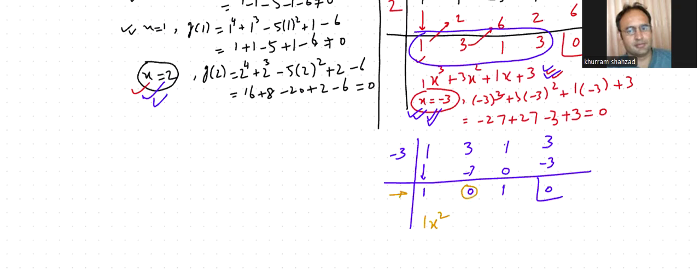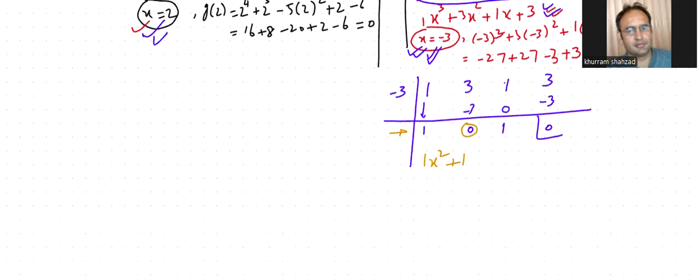So how can we factorize this? I'm writing everything here again: x is equal to 2, x is equal to negative 3, and next this is the factor x squared plus 1.